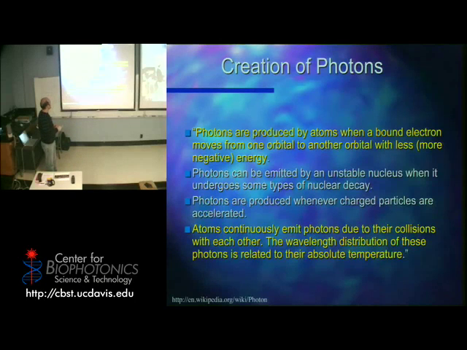They can also be emitted by an unstable nucleus when it undergoes some type of nuclear decay. They're produced whenever charged particles are accelerated. Not quite as important. Most important, atoms continuously emit photons due to their collisions with each other. The wavelength distribution of these photons is related to their absolute temperature. Remember, I'm trying to remember, did we talk about black body temperature? Remember with the thermometer that went across your head? We talked about atoms moving, vibrating. They're vibrating, they're colliding, okay?